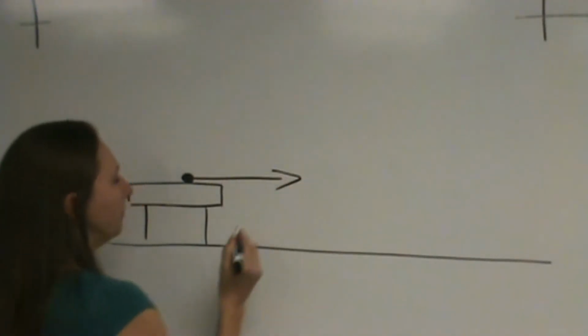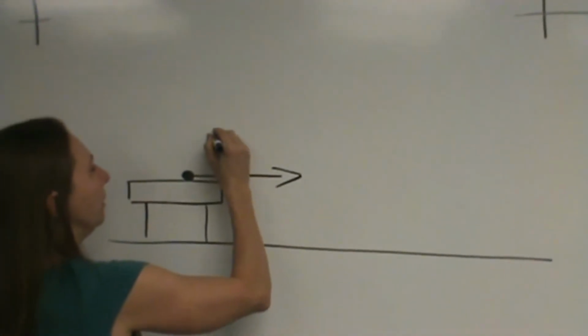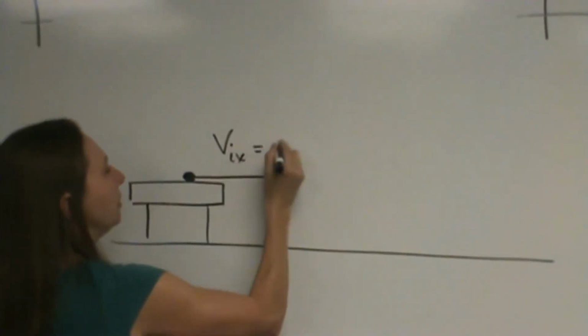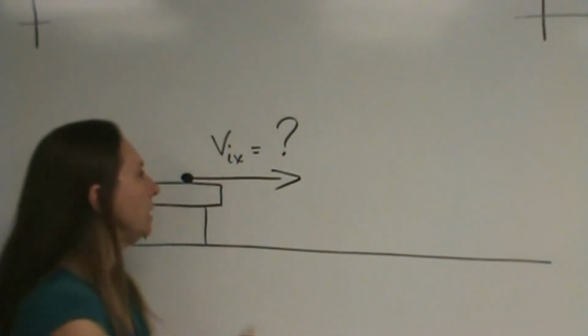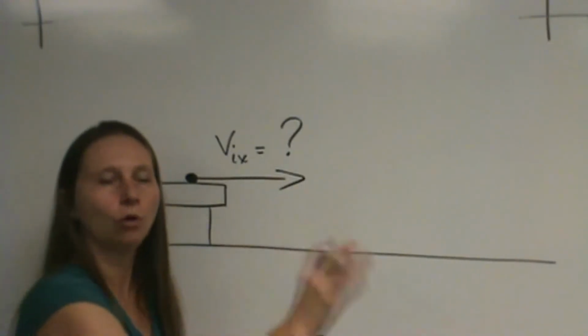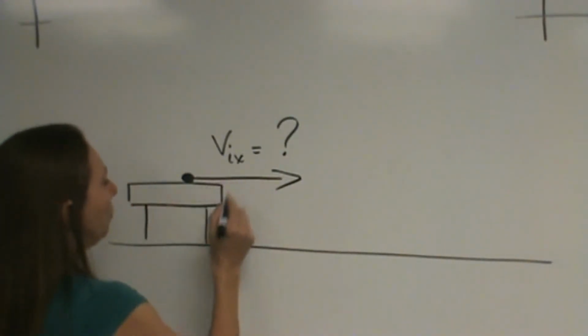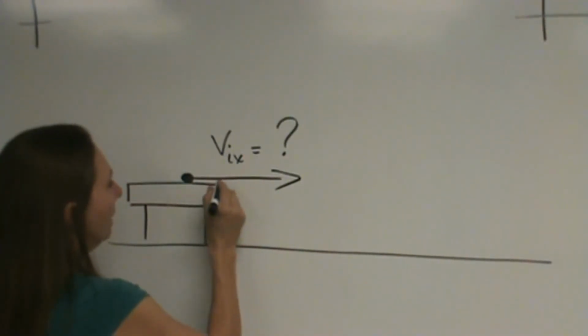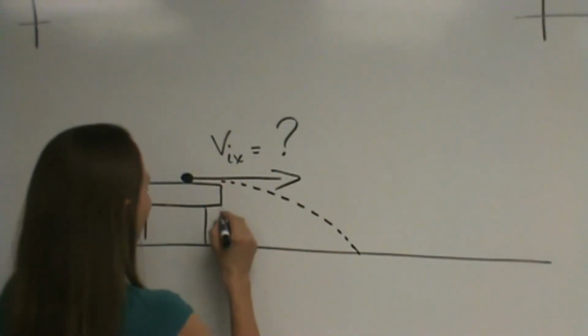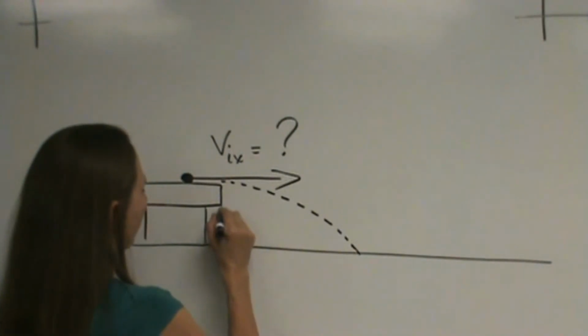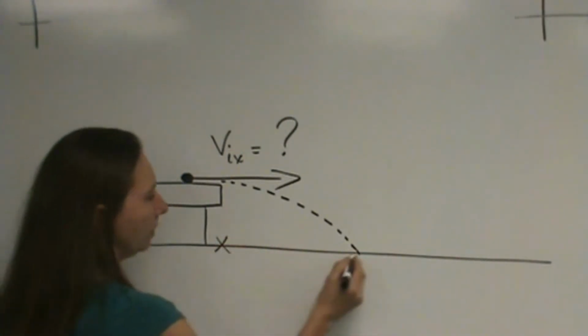But what we do know is that it immediately started to fall down. We know that the range, from here to here, dx, it's given that the range is 0.60 meters.